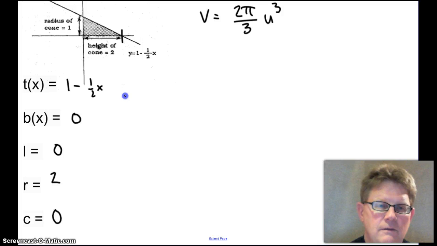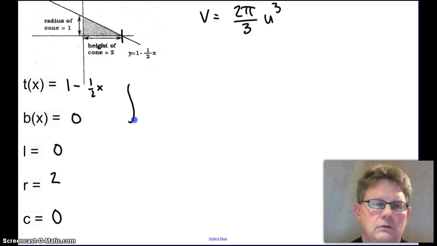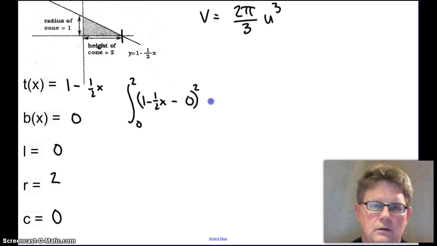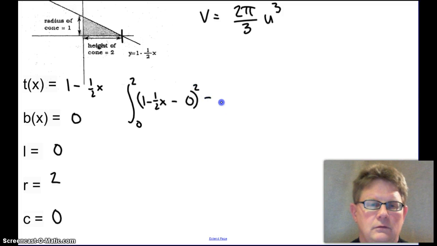So it will be the integral from left to right of the top function, 1 minus 1/2 x, minus the axis of revolution, quantity squared, minus the bottom function, 0, minus the axis of revolution, quantity squared, dx.